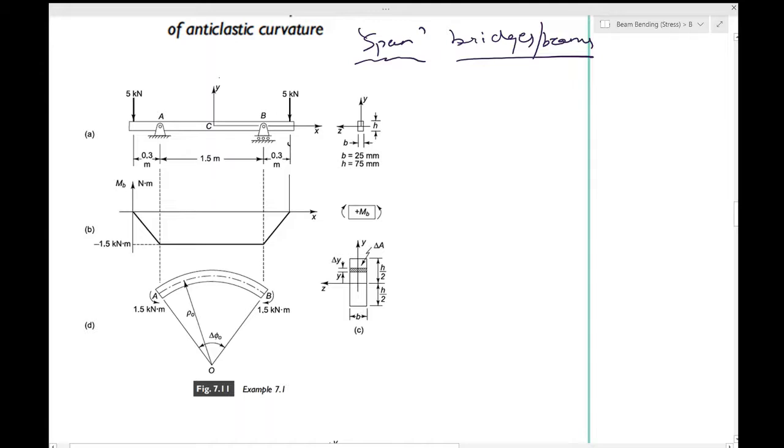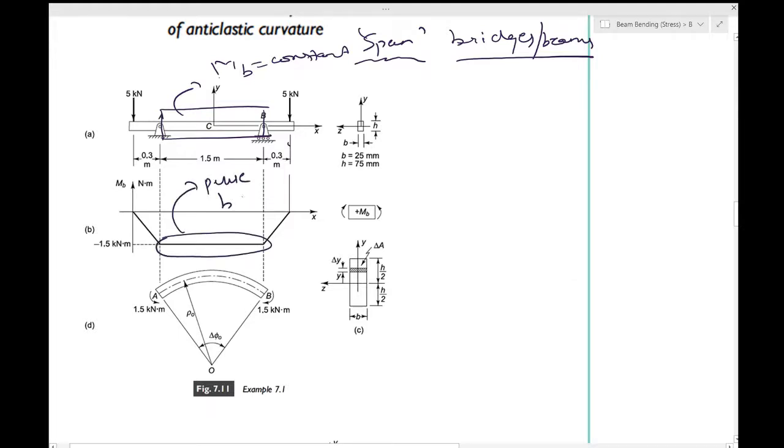Okay, now from this diagram, we see that the central portion AB is one of constant bending moment. So this part of the beam has an M which is constant. Does it help us in any way? Yes, because the bending moment is constant in this part, this can be assumed to be pure bending, and hence all the assumptions and all the theories which we have developed will be valid now.